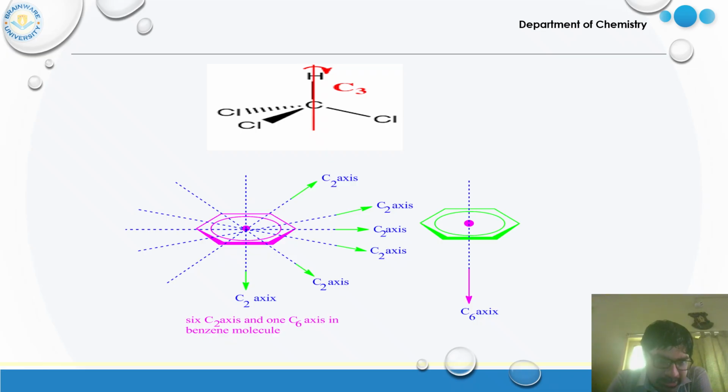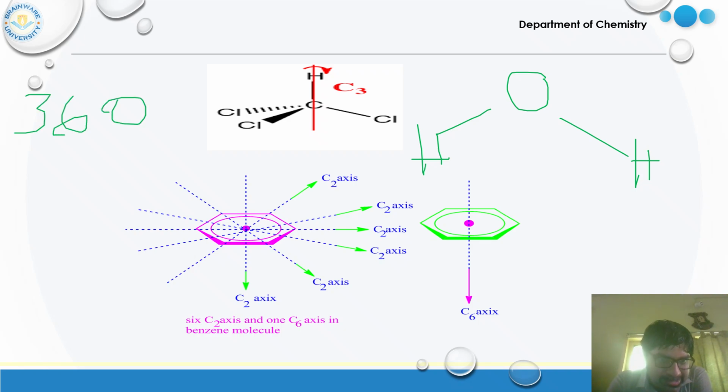We are taking a molecule, water. So rotation will be 360 degrees by n, very simple. This is denoted by Cn. N means here the number of equal atoms.